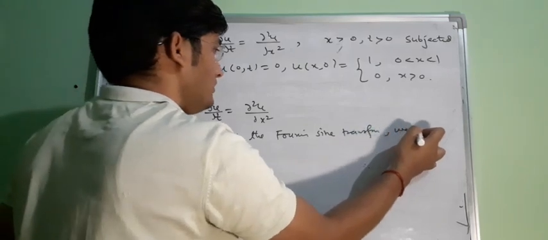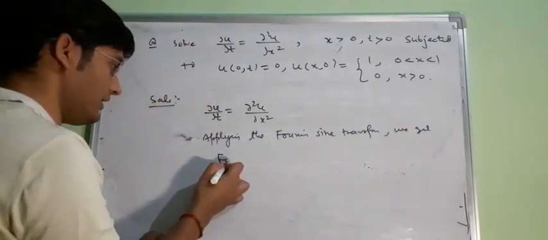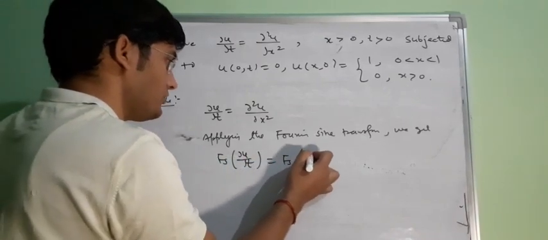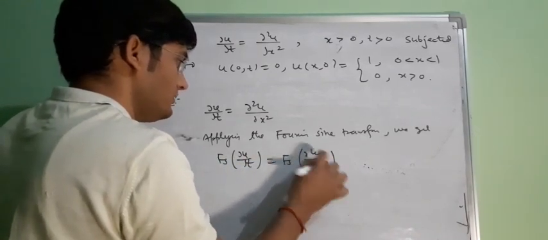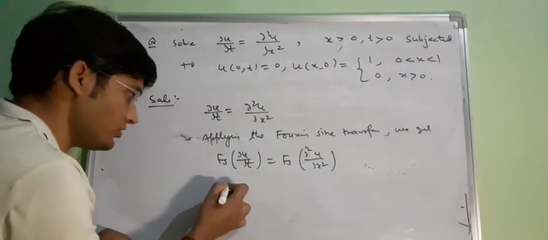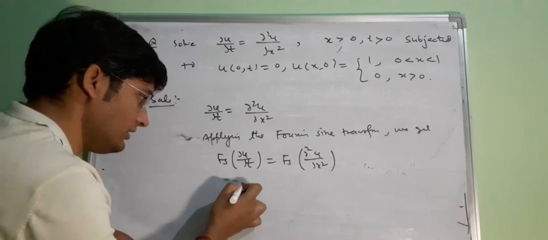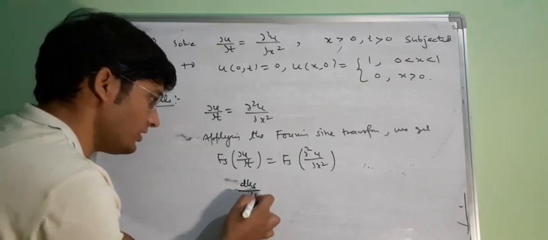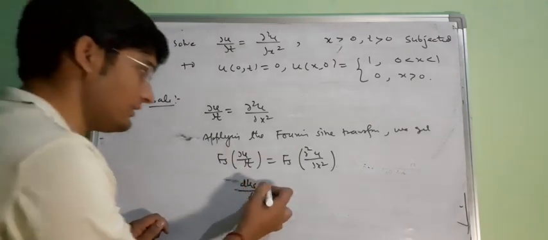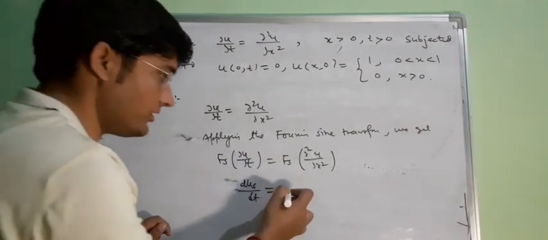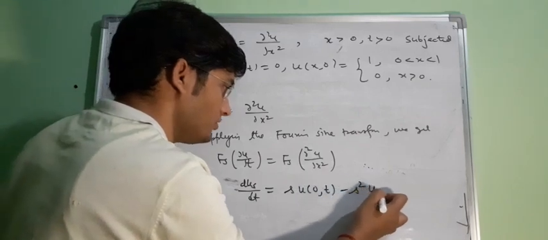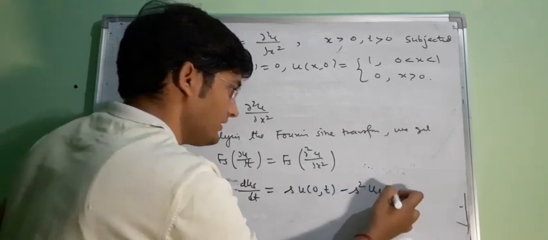We get, the left hand side will be Fs of del u upon del t and the right hand side is Fs of del 2 u upon del x2. Now please use the formula. So this was dus upon dt, where us means the Fourier sine transformation of u, and this was s u0t minus s square us at s comma t.